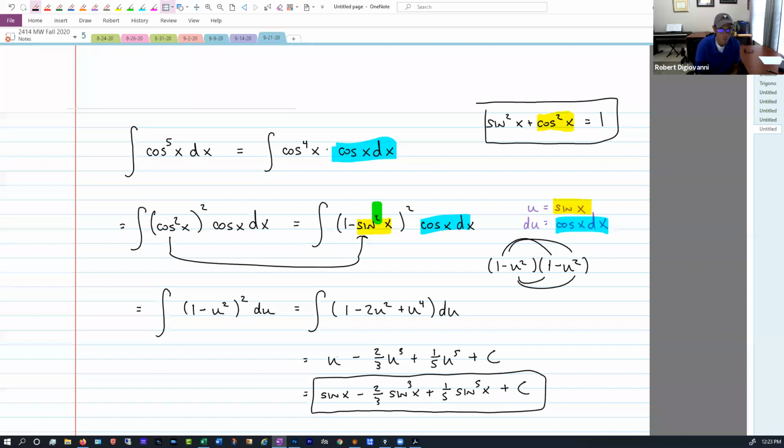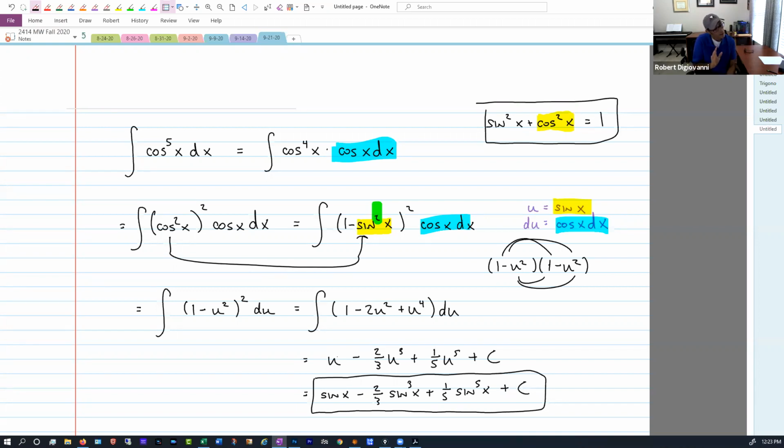So far, it appears that we can handle sine to an odd power and cosine to an odd power. We just peel off one, use the Pythagorean identity, do a substitution, and crank it out. We'll have a polynomial at the end, and we just do the power rule on each one.